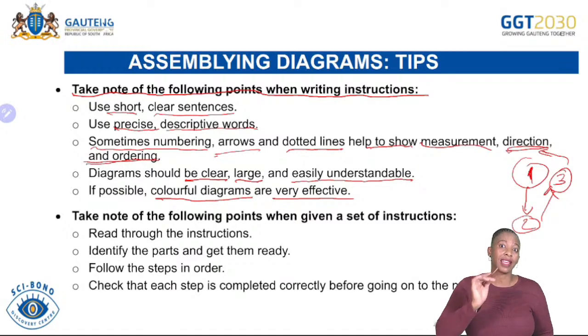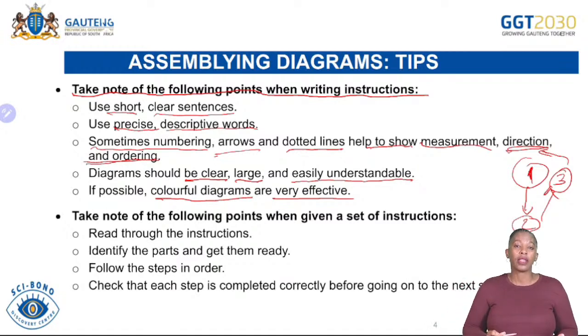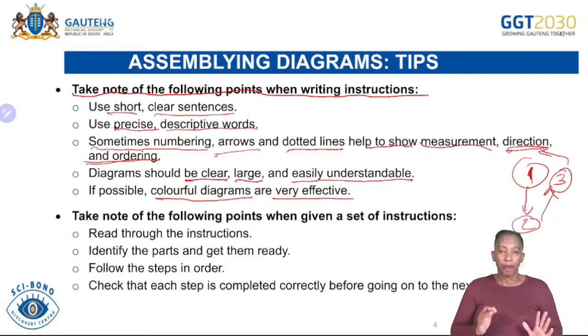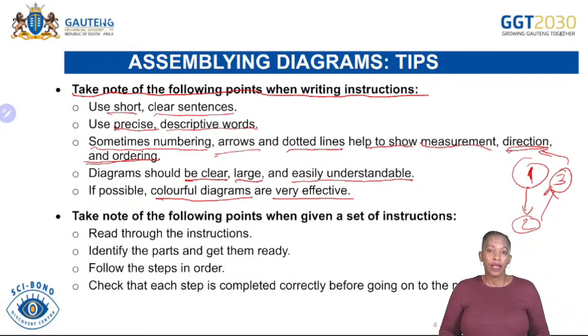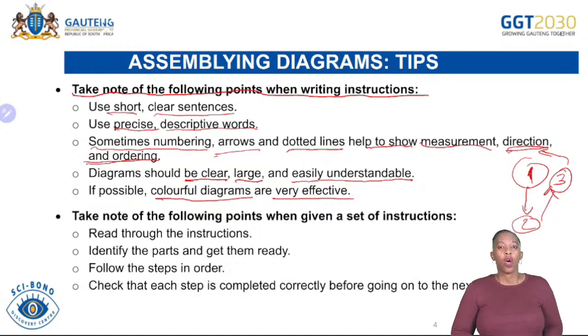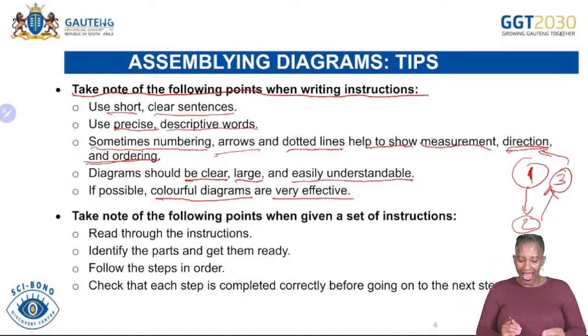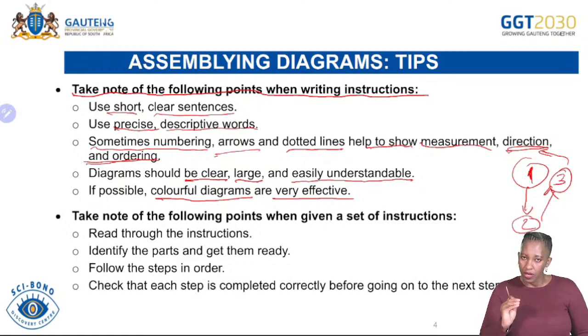So we have just done the writing of the instructions, meaning we are giving the people who are going to purchase our item clear instructions as to how to assemble or put together the item that they are buying from us. Now we are coming to, if we are given a set of instructions, what points are we to look for? We say take note of the following points when given a set of instructions.